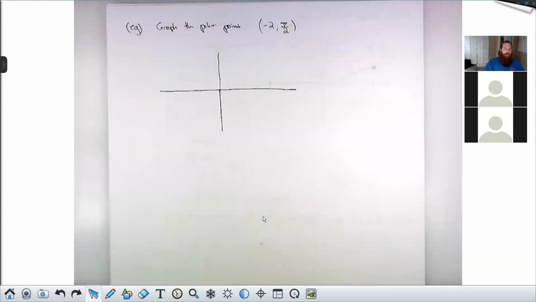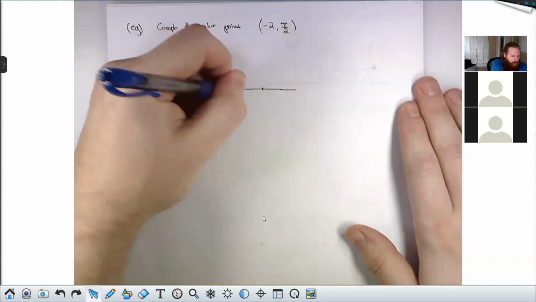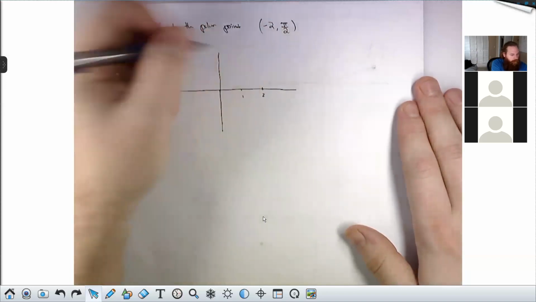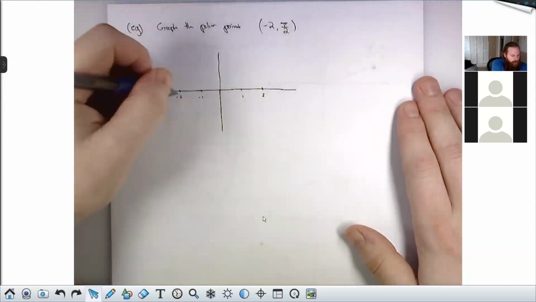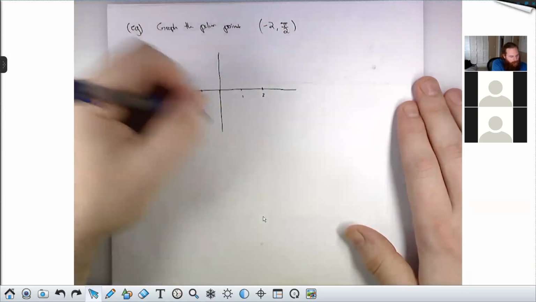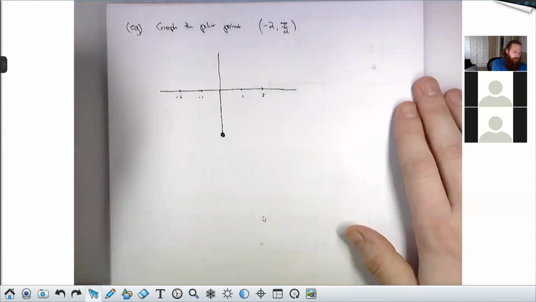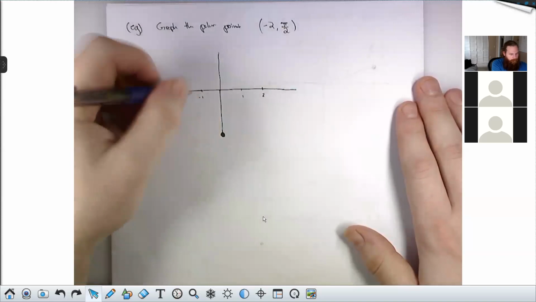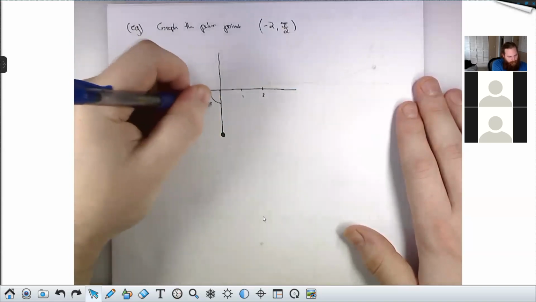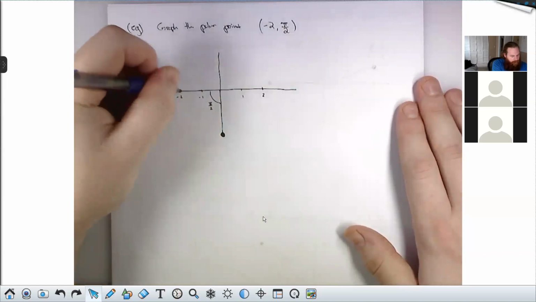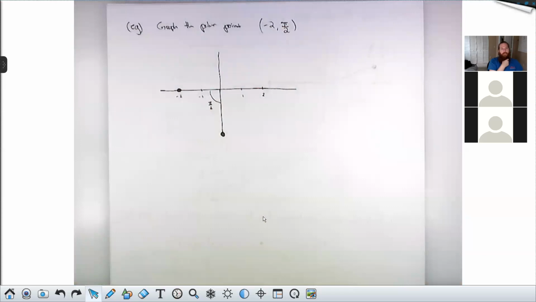If r is negative, you can think of it like instead of going out 1, 2 here and then rotating pi over 2, you go out -1, -2 here and then rotate pi over 2, which would land me down here. So I start by coming out to -2 and then rotating pi over 2. Believe it or not, that works.